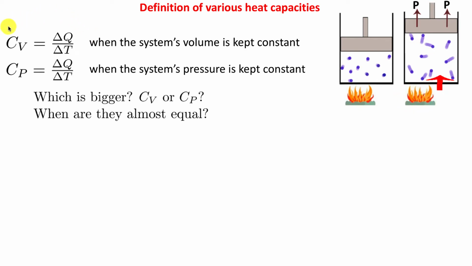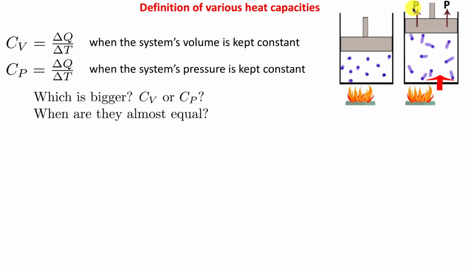So now we can ask, which of these two heat capacities is likely to be bigger, CV or CP? And when are they almost going to be equal? Well, it's pretty clear that CP is going to be bigger than CV. Why? Because you have to put in more heat in order to make this piston go up.